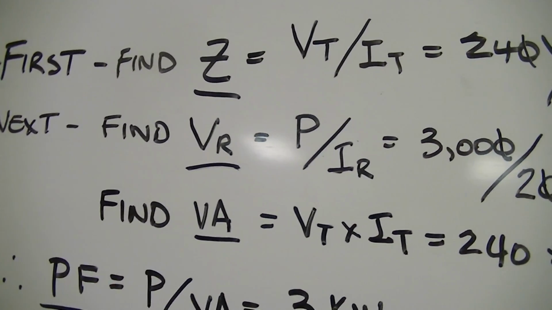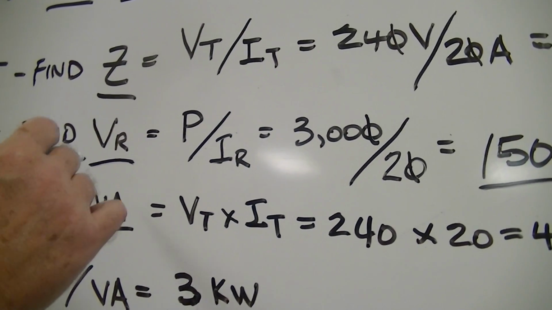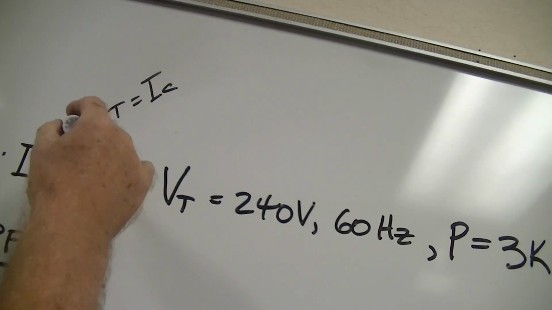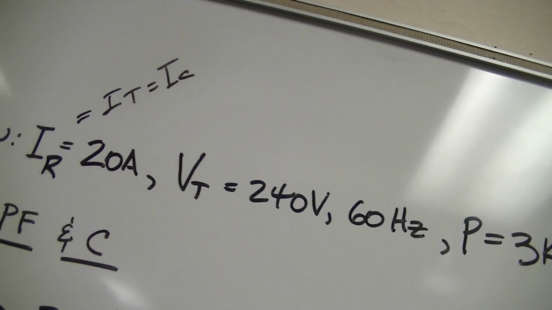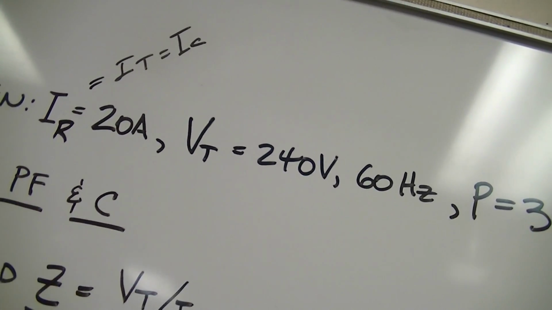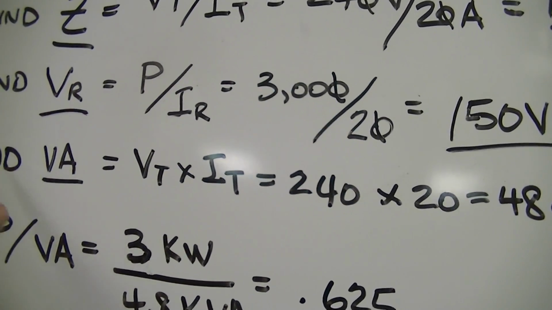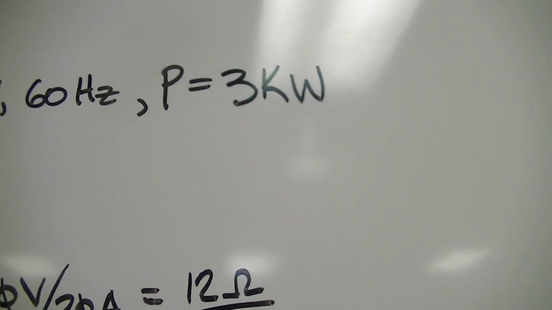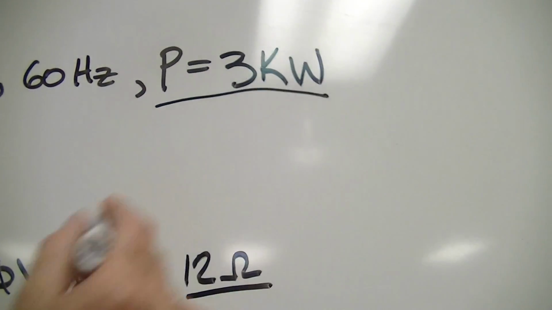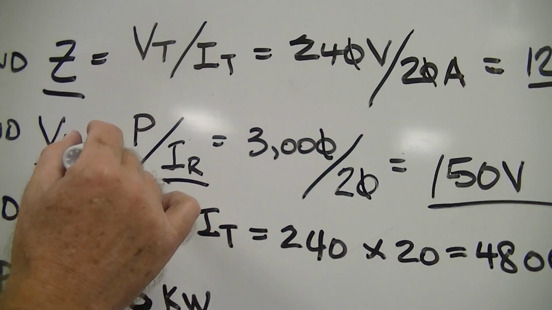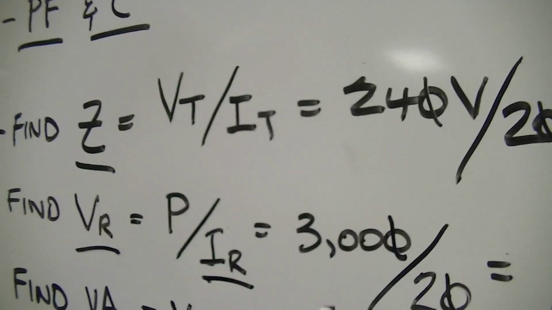Because we've got the current, which is actually equal in all parts of the circuit because it's a series circuit, I can calculate, because they've already given me the power right up here, and they've given me now the current. So I have those two values.